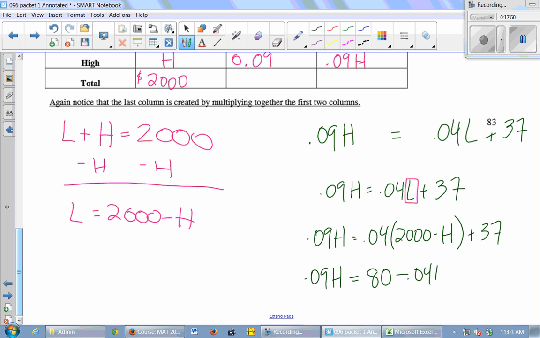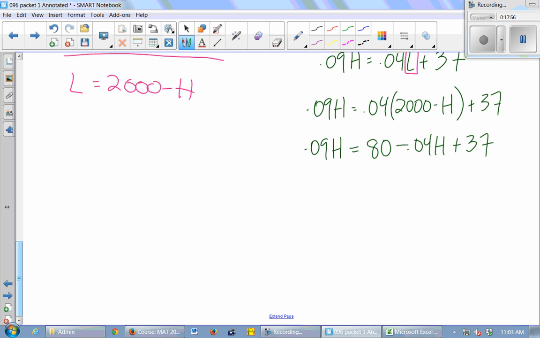Minus 0.04H plus 37. All right, now what? Yep, so 0.09 plus 0.04 is 0.13. And I'm going to combine my like terms, the 80 and the 37, and I get 117.